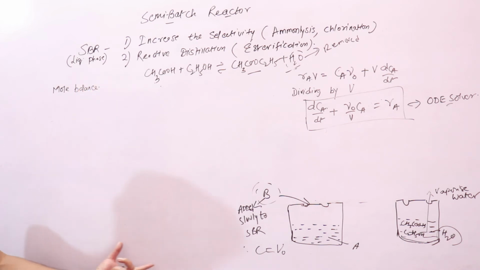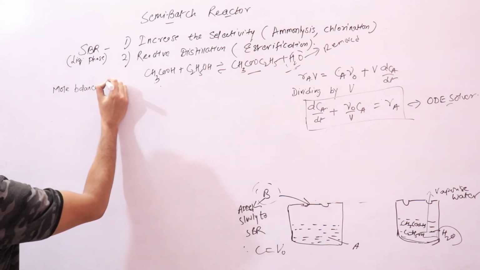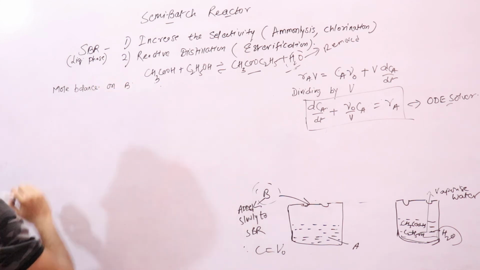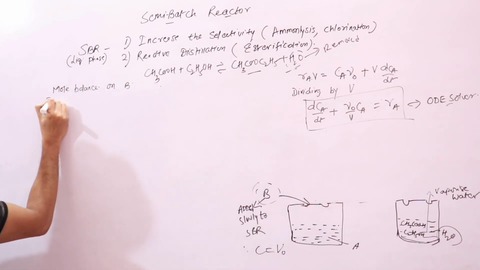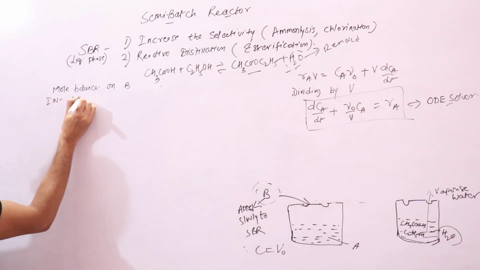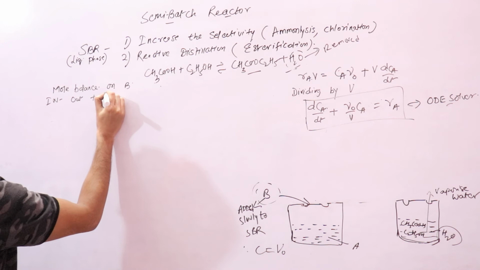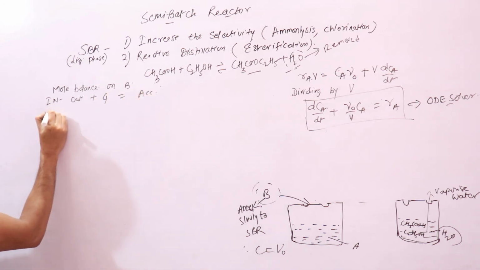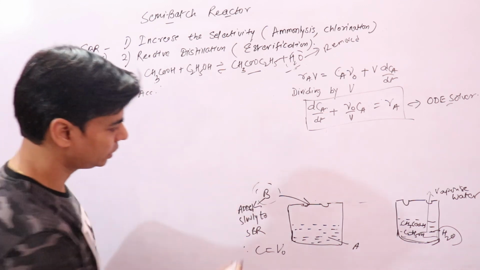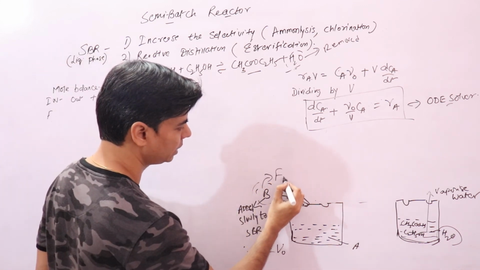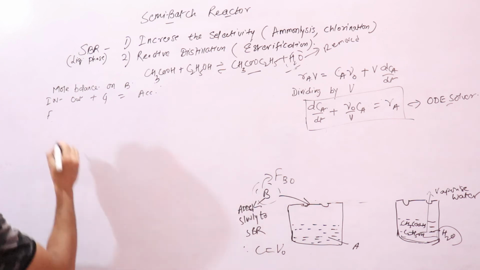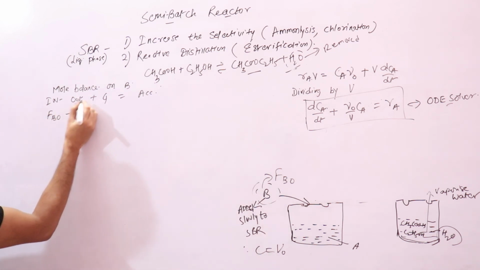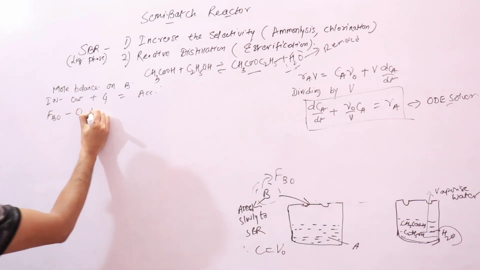Mole balance on reactant B: in minus out plus generation is equal to accumulation. In would be FB0, since B is moving in, minus out, which is 0.